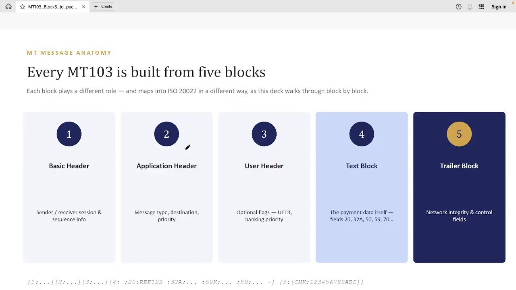Before we talk about block 5, let us quickly go through the complete MT103 structure. If you remember, MT103 is organized into 5 blocks, and every block has a different responsibility. Let's have a quick recap of all these 5 blocks.